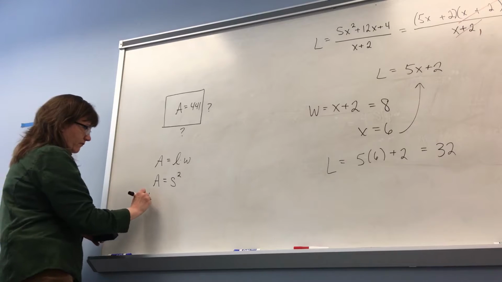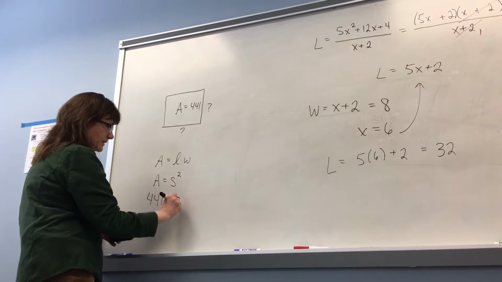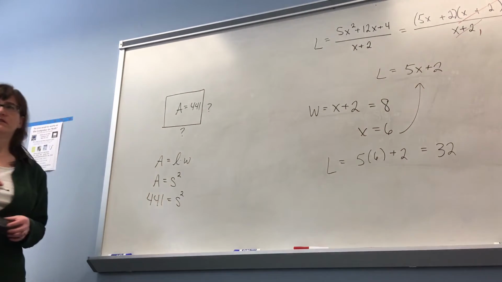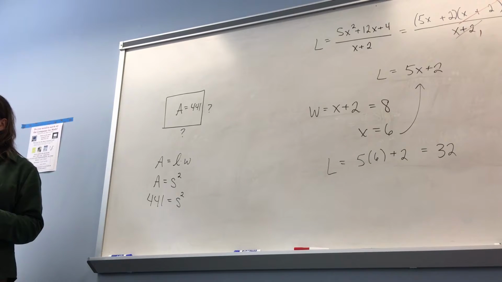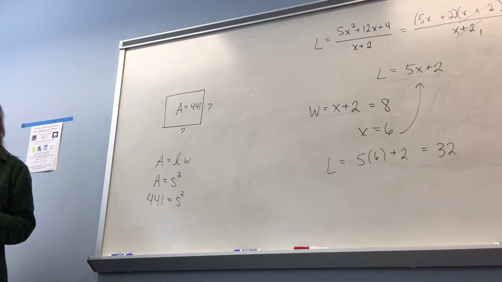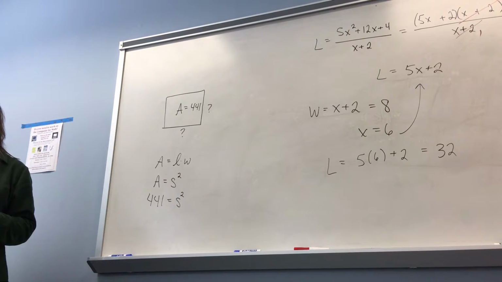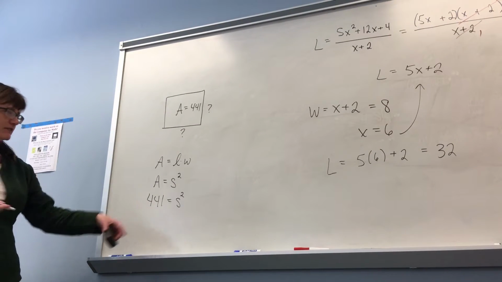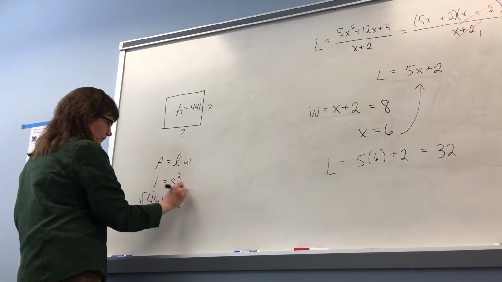So if I know that 441 is s squared, what could you do to find out what s is? Don't think too hard. Just take the square root. So to get s by itself, we're just going to take the square root of both sides.